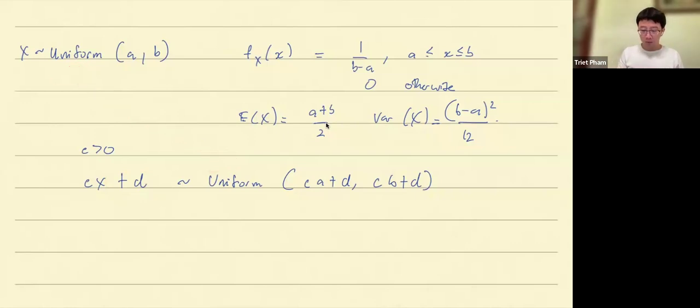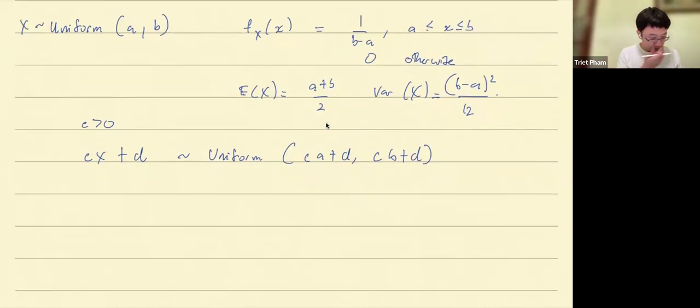You have to do something more dramatic, like take a square, do an exponential, do some other functions, or take a piecewise function of x to change the density in any more dramatic way.